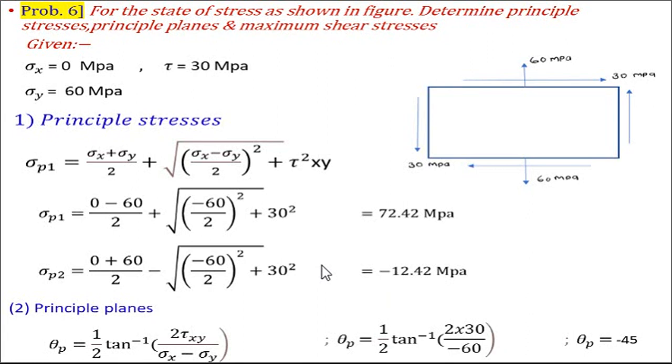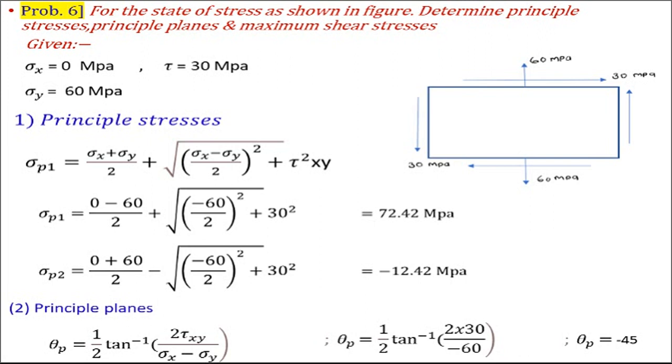After that we will determine the plane on which these principal stresses are acting. So theta p is the orientation or inclination of the plane on which these stresses are acting. So orientation of the planes means theta p is equal to 1/2 tan inverse of (2 tau xy divided by (sigma x minus sigma y)).